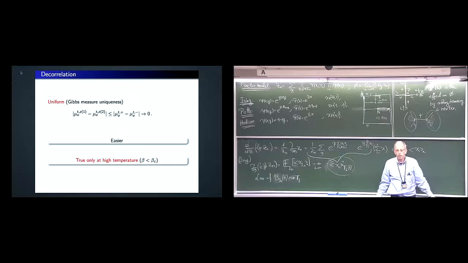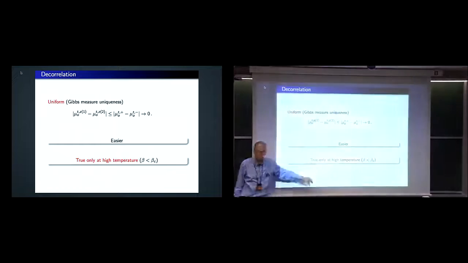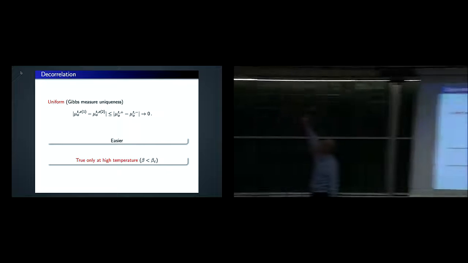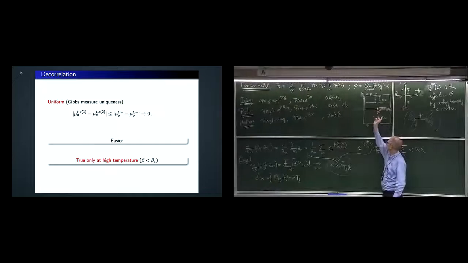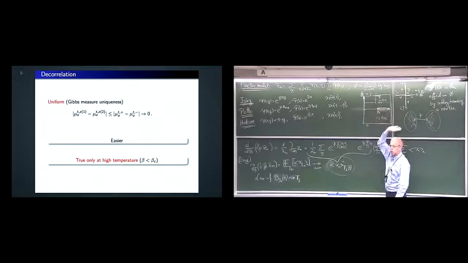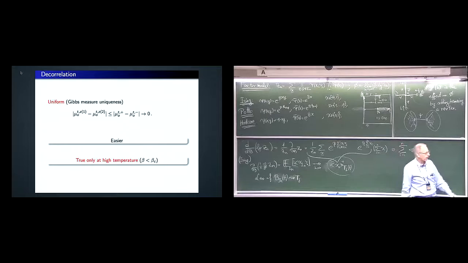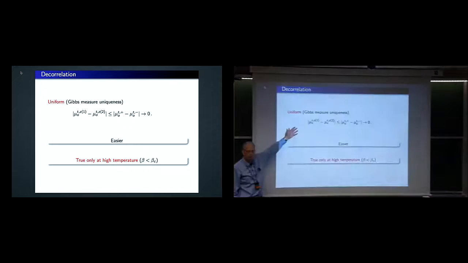There was only one candidate, and then it will all work. This is easy. Unfortunately, this works only at high temperature. This stops working once you cross this line, or once you cross some place. Okay? And I claim that things work everywhere in the Ising model. So I must be a little bit more clever and careful than this calculation.